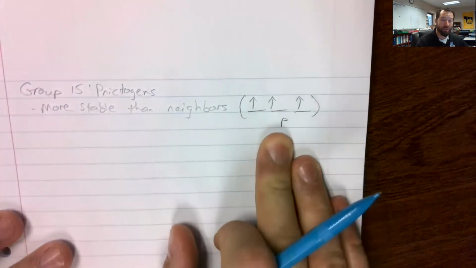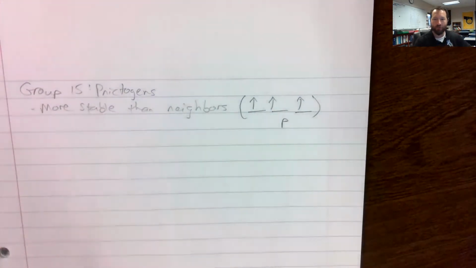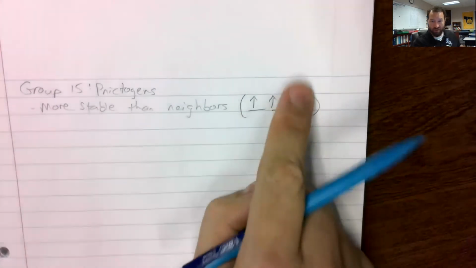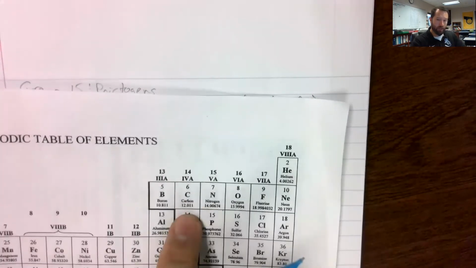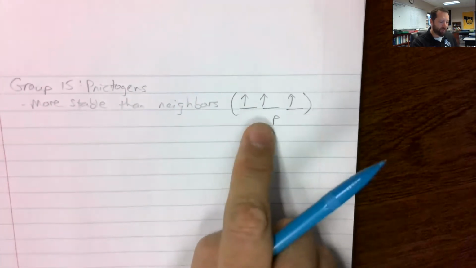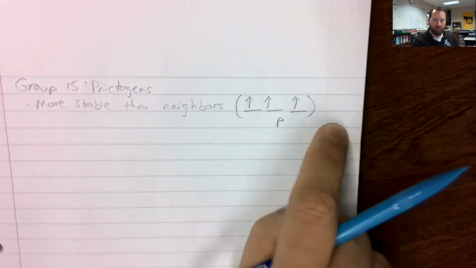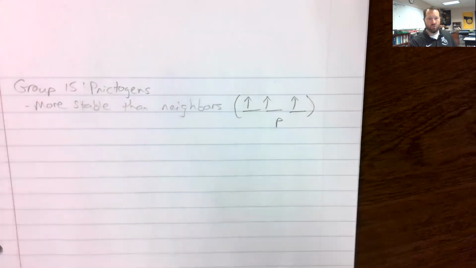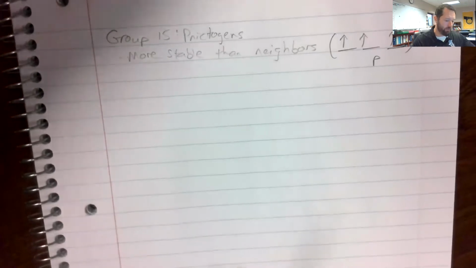That's not a terrible place to be. It's not the most stable thing in the world, but it's more stable than having just 2 up arrows and not having this third one, like carbon. And it's more stable than having 4 arrows, 3 up and 1 down right here, like oxygen. So this is better than its neighbors. So generally, more stable than its neighbors.